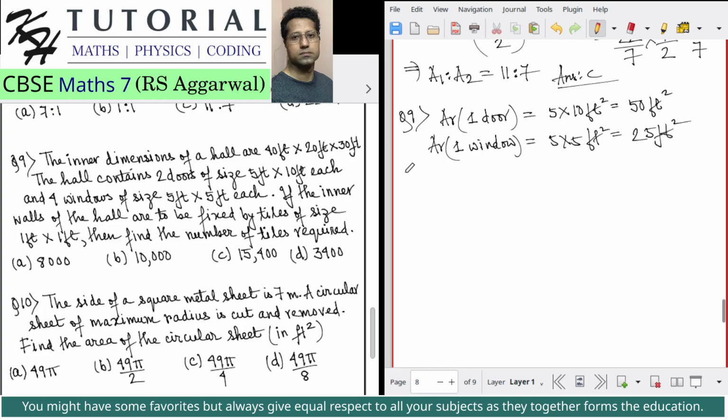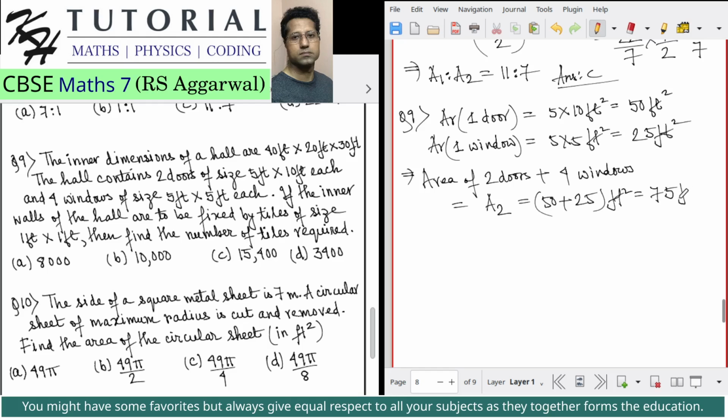So this implies the area of 2 doors plus 4 windows, let's say this area be equal to A2, is equal to 50 plus 25, which is equal to 75 feet square.